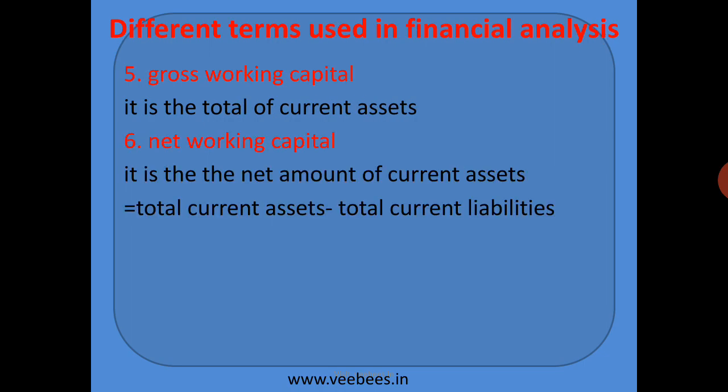Then another term is gross working capital. There are two types of working capital: gross working capital and net working capital. Gross working capital means the amount of working capital invested in current assets. The total of current assets is called gross working capital. The next term is net working capital. Net working capital means total current assets minus current liabilities.